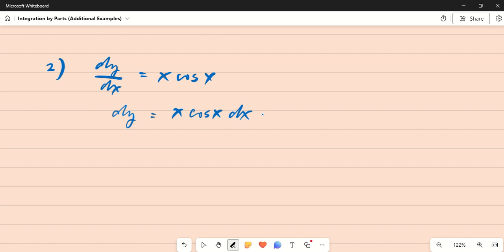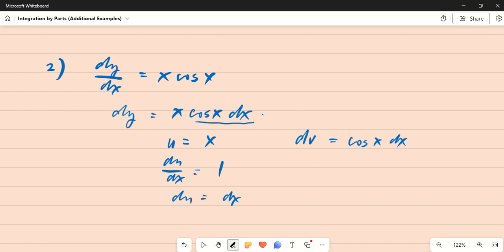We identify your u first. Your u here is x, and then du over dx, the derivative, is 1. Therefore, your du is equal to dx. And then the remaining expression is cosine x dx, and that will be your dv. So your dv here is cosine of x dx.